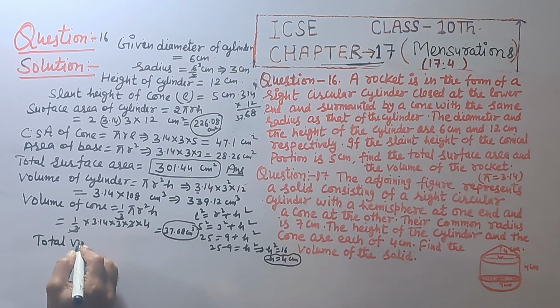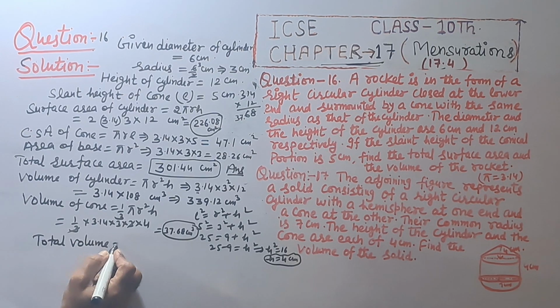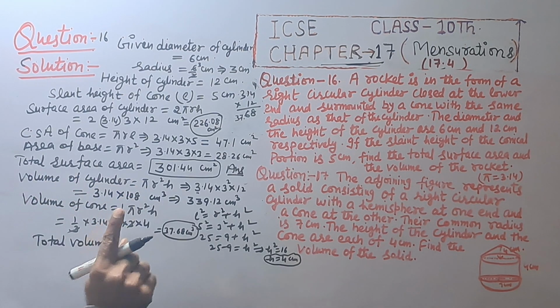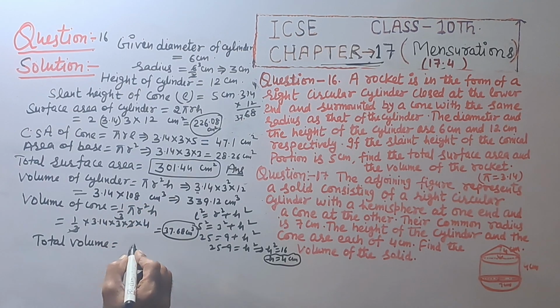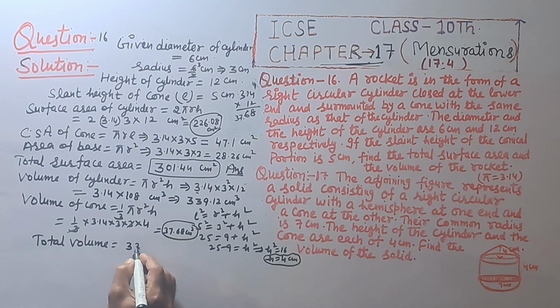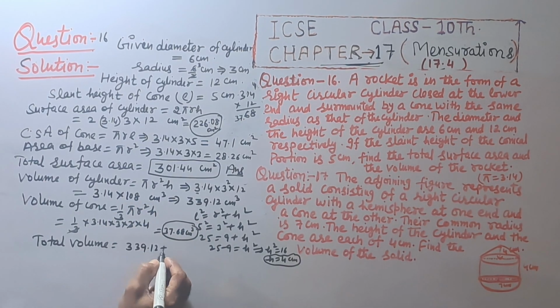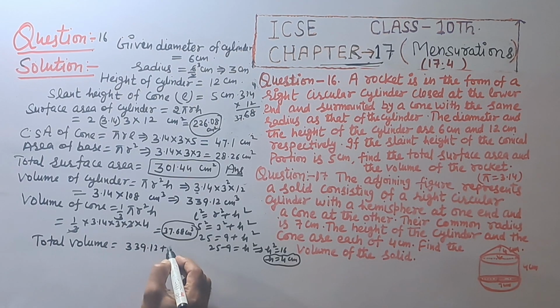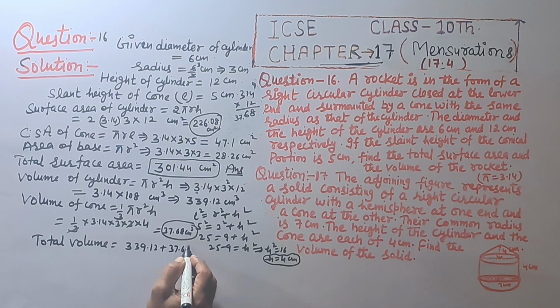Total volume, that is equal to volume of cylinder plus volume of cone. Volume of cylinder is 339.12 plus volume of cone is 37.68 centimeter cube.